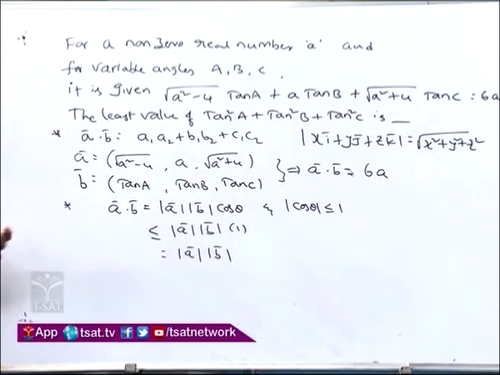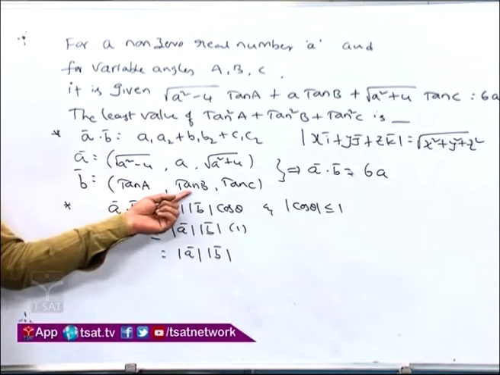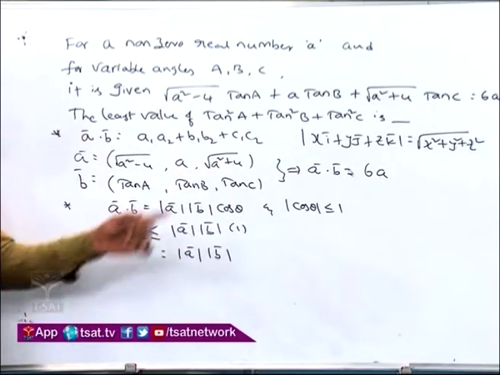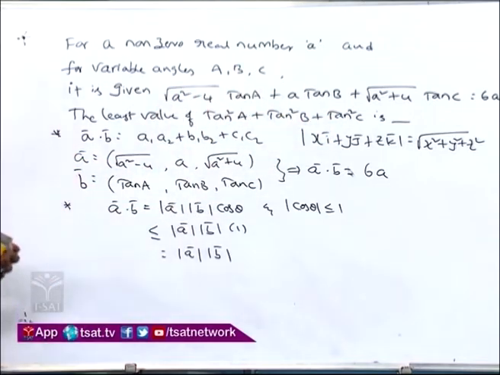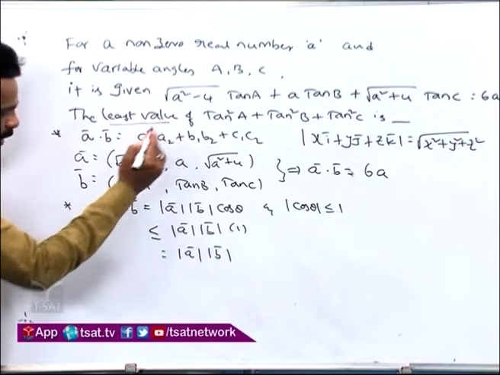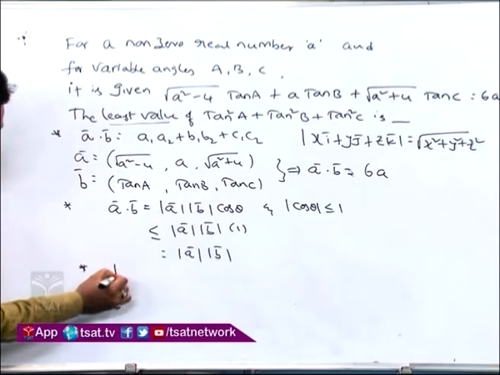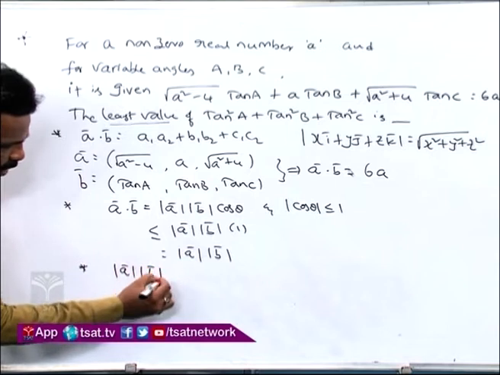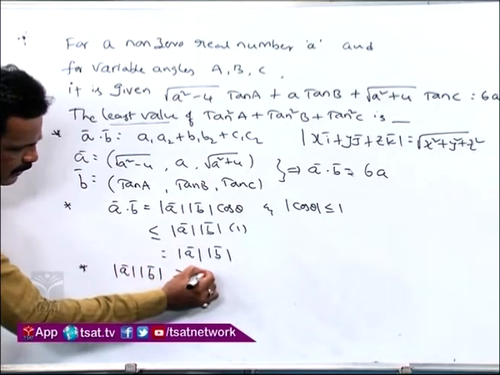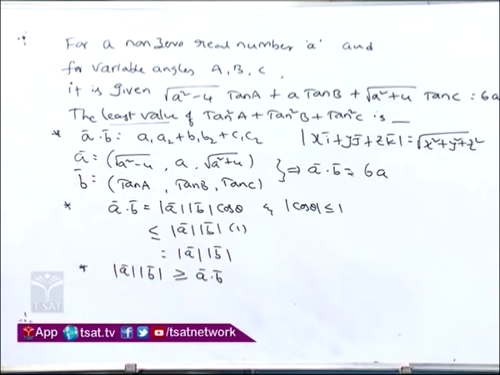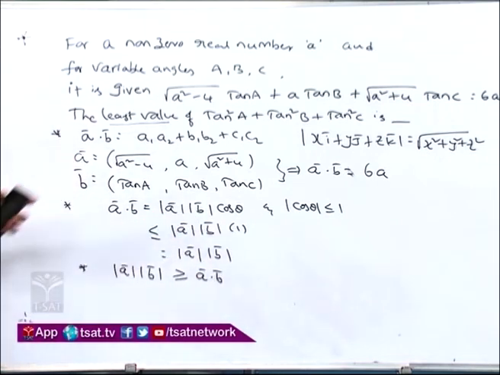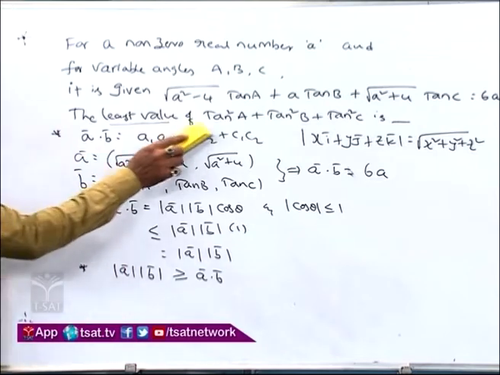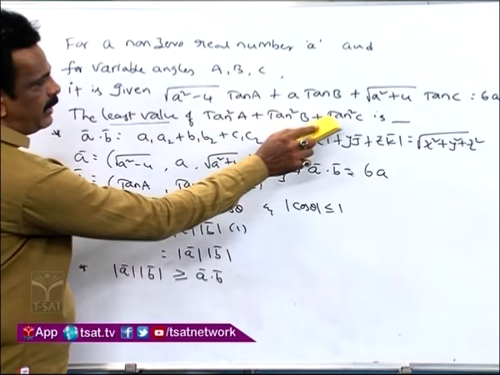So if you take the modulus of the second vector b bar, it comes as root of tan square A plus tan square B plus tan square C, and we are getting the expression tan square A plus tan square B plus tan square C. But we are asked to find the least value, and hence we can rewrite this. It can be written as mod a bar into mod b bar is greater than or equal to a bar dot b bar. We can make use of this to solve the problem and find the least value of tan square A plus tan square B plus tan square C.